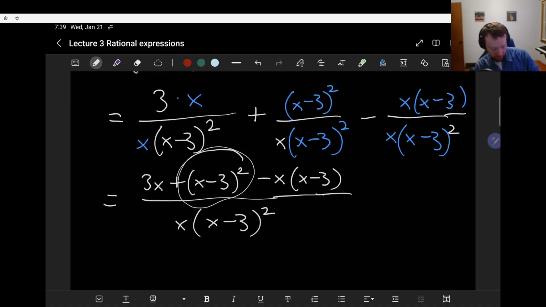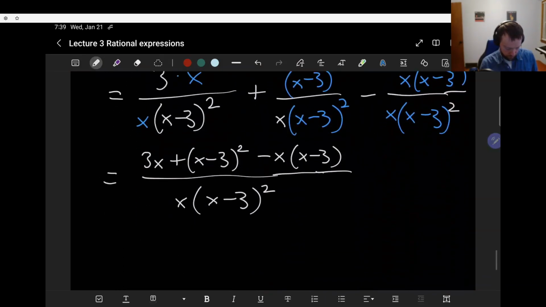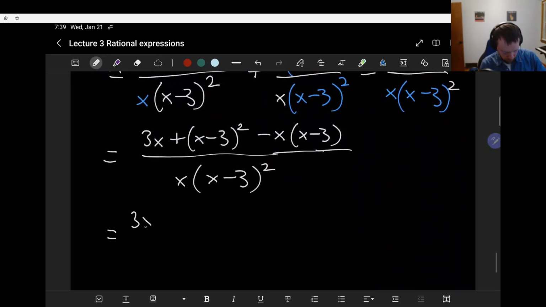So I would probably multiply this out, but thankfully we actually don't have to, because we saw from the beginning this was actually what we started with, and we had factored it into x minus 3 squared. So this is the fully multiplied form. So don't need to reinvent the wheel here.